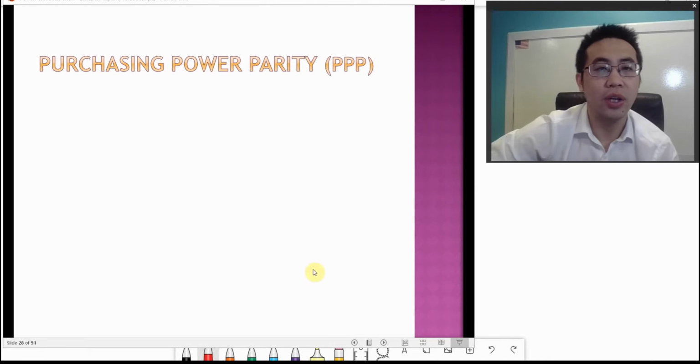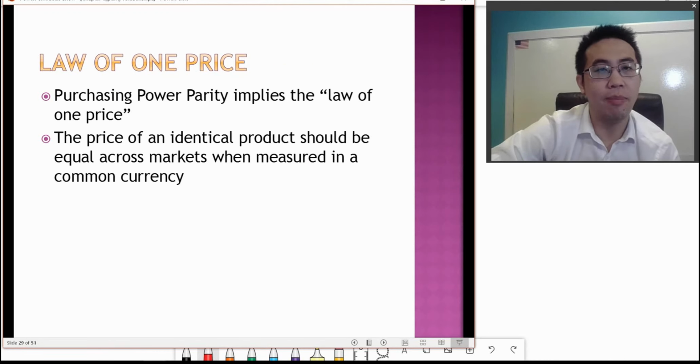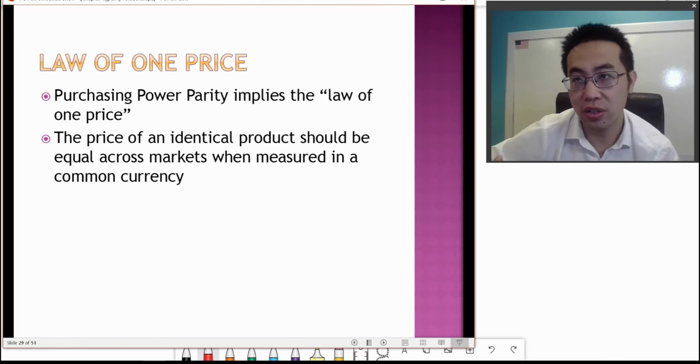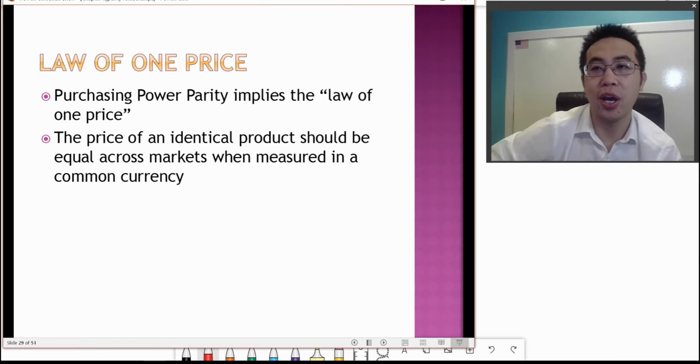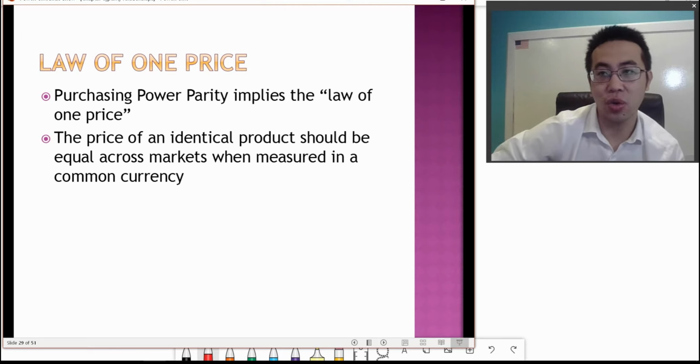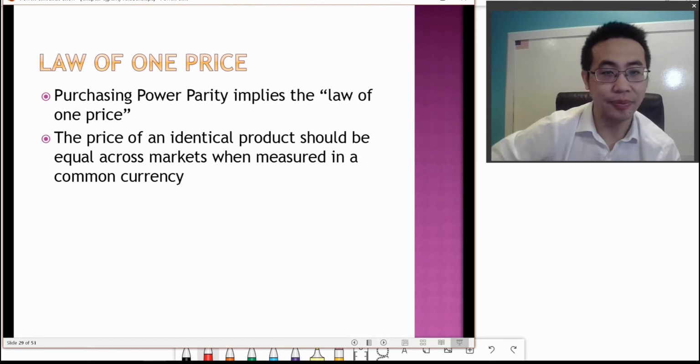So we need to understand the law of one price. Purchasing power parity implies the law of one price. If we are looking at an identical product in different countries, and we use the US dollar to measure this product's price, then the price should be the same in the US, in Japan, in Russia, and in India.